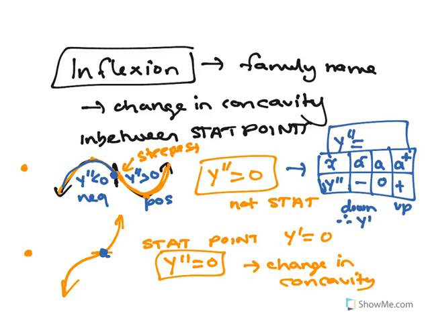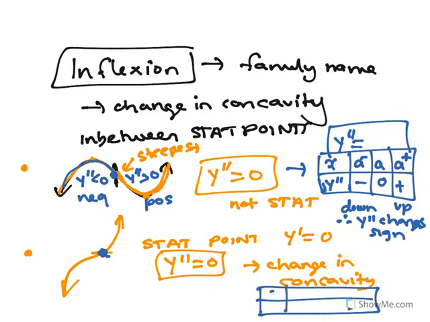So you say therefore y double dash changes sign. And this one here you've got y double dash changes sign. So whenever you do any point of inflection, you also have to check that y double dash changes sign. If it doesn't, then it is not a point of inflection.